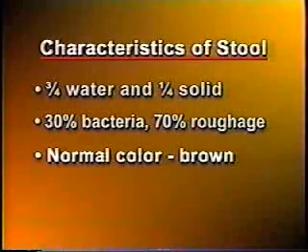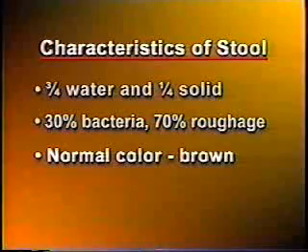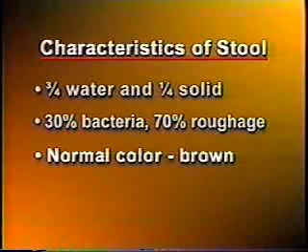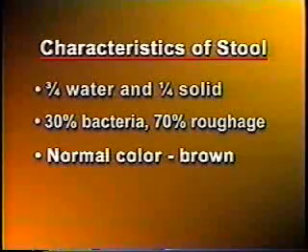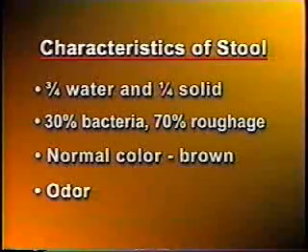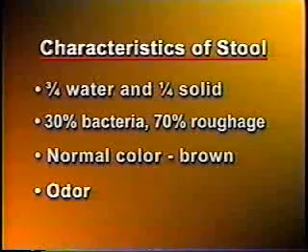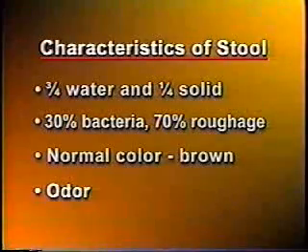It gets the characteristic brown look from bile that is secreted from the gallbladder and is in the waste material prior to removal from the body. The characteristic odor of stool is produced by actions of the intestinal bacteria that are in the food that we eat. There are a number of factors that affect bowel elimination.